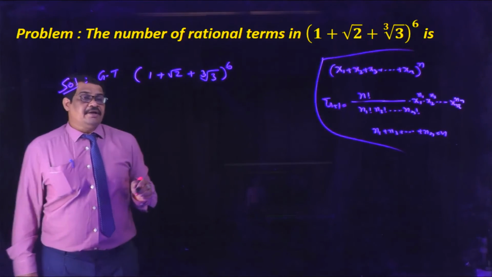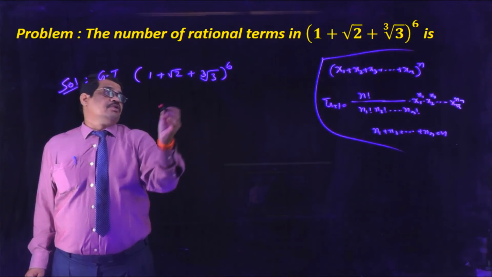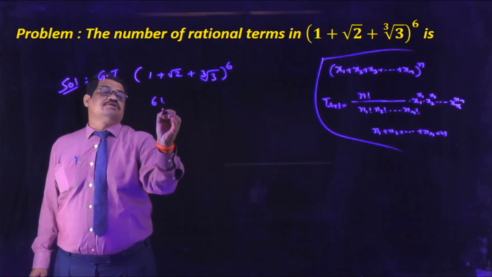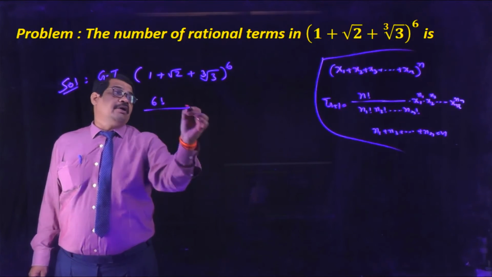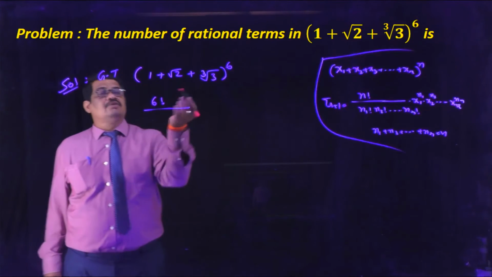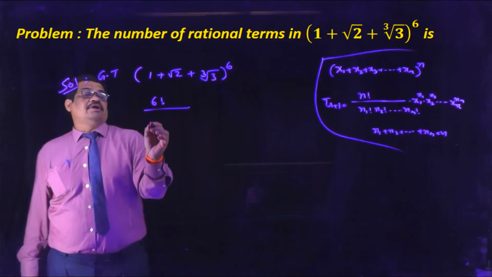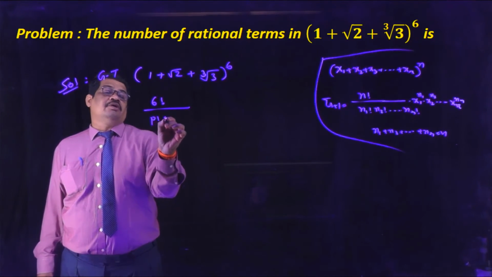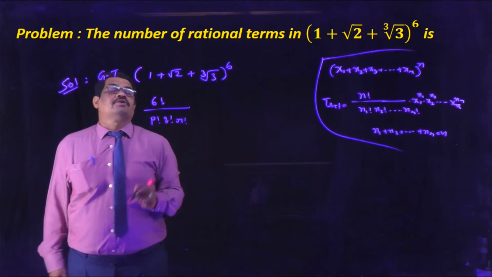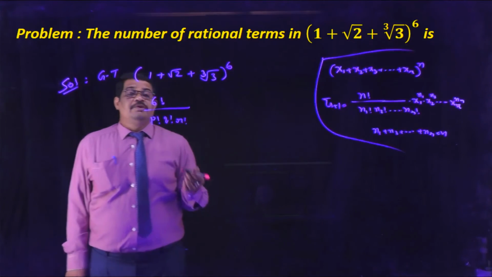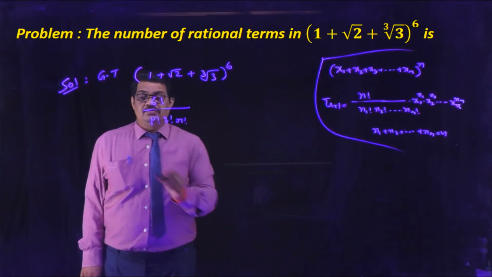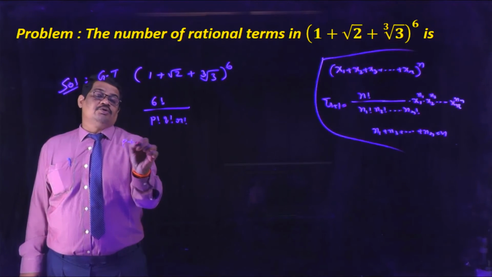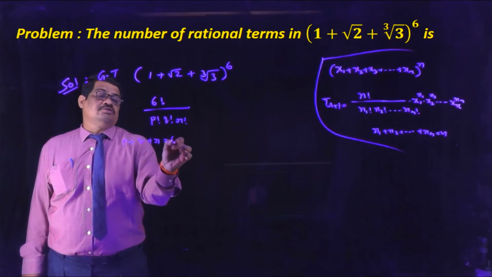Now we are writing it: n factorial, that is 6 factorial, by p factorial, q factorial, r factorial, since there are only three terms. Here p plus q plus r is equal to 6.